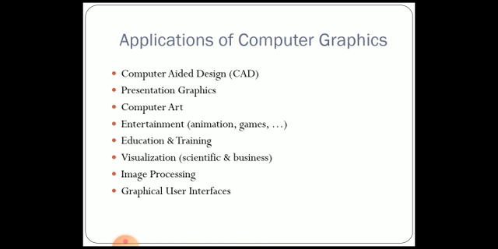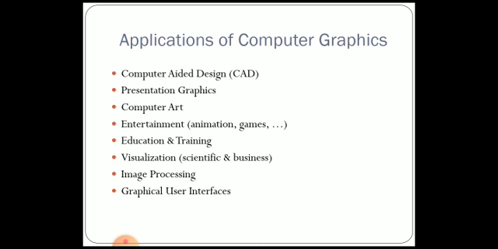Education and training. Basically, you can use computer graphics in educating pupils and training trainees. For example, if you're in a flight school, do you expect the flight school to directly make you sit in an aeroplane and fly it?